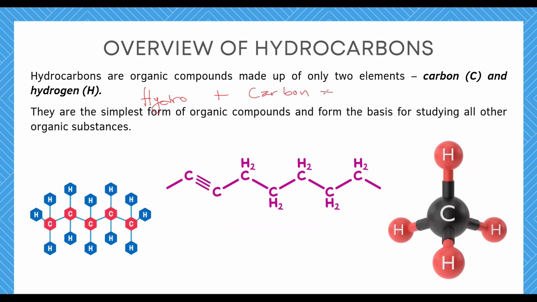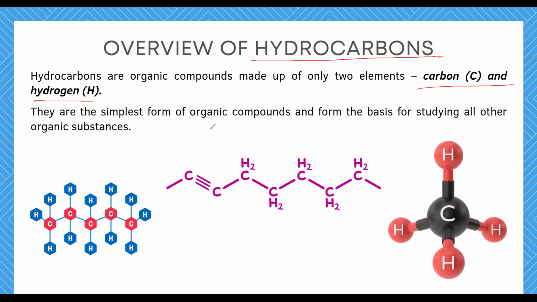Hydro stands for the element called hydrogen, and carbon, of course, represents the element that is called carbon. Very straightforward. So hydrocarbons are organic compounds made up of only two elements, carbon and hydrogen. Hence the name hydrocarbons. And they are the simplest form of organic compounds.